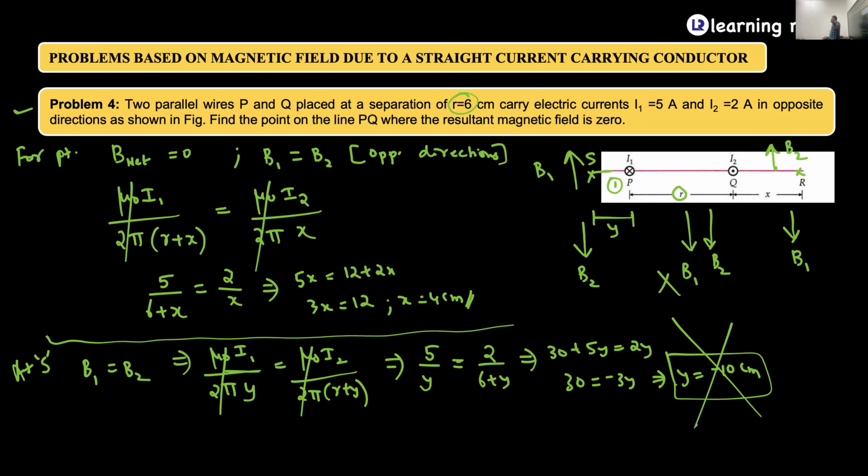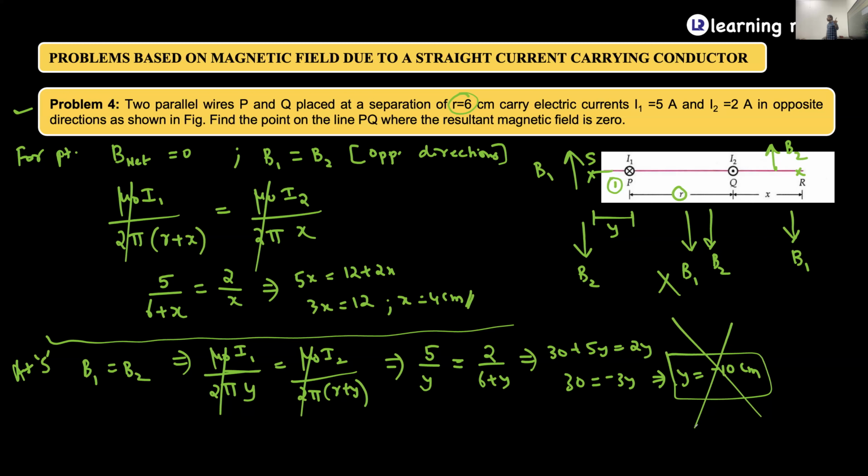So what is the important takeaway from here? The important point to be taken from this question is, whenever the currents in both the conductors are in opposite direction, I repeat, whenever the currents in the conductors are in opposite direction, the point where the magnetic field will be 0 can either be completely on the left-hand side or right-hand side.